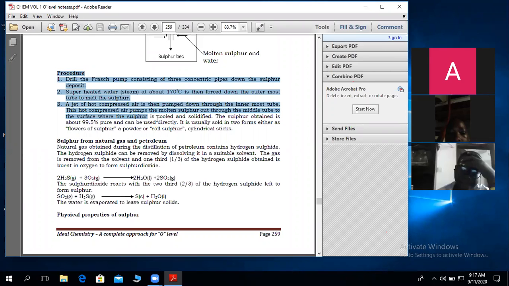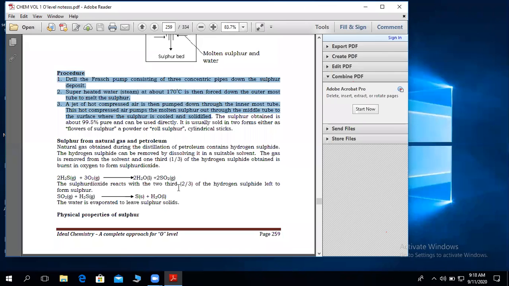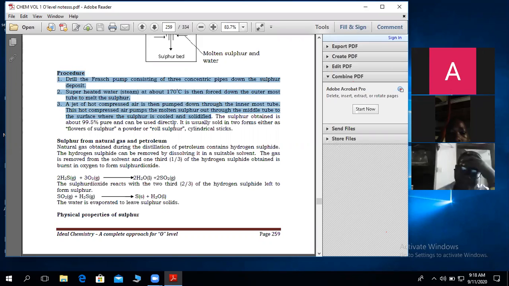I repeat, the most important points in extraction: 3 concentric pipes are drilled, hot compressed air is let in the innermost tube, then superheated water is let in the very outermost tube, and the melted sulfur comes out through the middle tube or the middle pipe, where it is collected, cooled, and solidified, and it can be used directly because it is 99.5% pure.